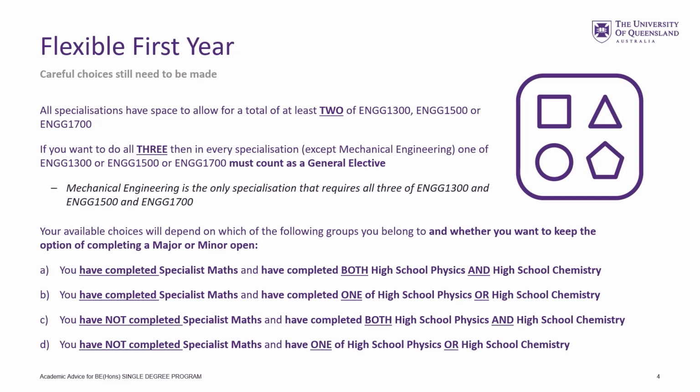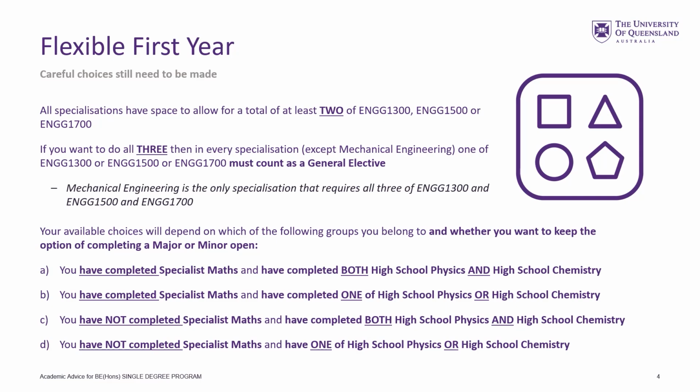The choices available to you will depend on which of the following groups you belong to and whether you want to keep the option of completing a major or a minor open. So the 4 groups to consider: you've completed specialist maths and have completed both high school physics and high school chemistry.